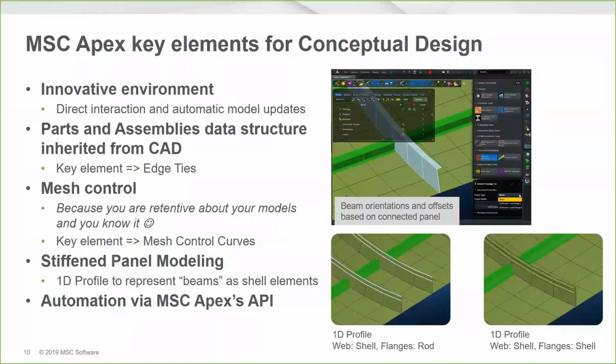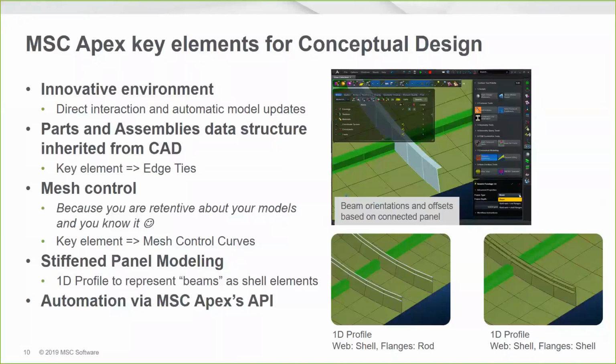But you may also want to kind of go up a level of detail. In other words, after I've used the beam element, perhaps as in the lower images, maybe I want to use a web that is a shell element for shear, and I want to use a flange. I want to use a rod to represent the flange, because the flange at my level of modeling is just going to go with tension or compression at this point.